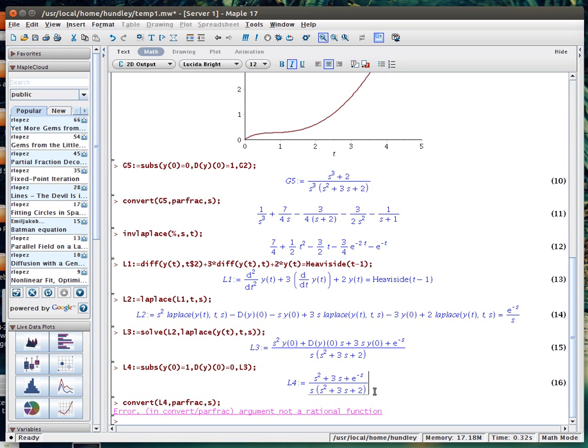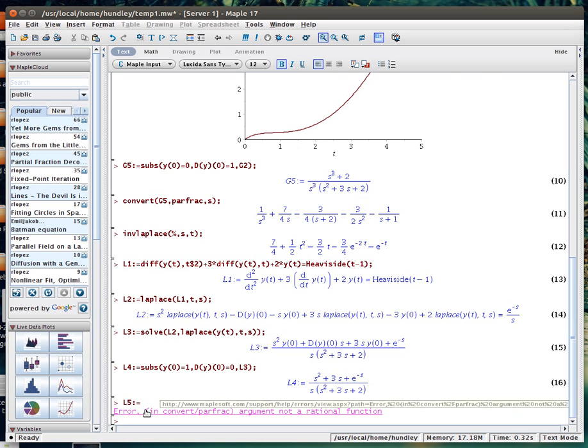And so what we could do if we wanted to actually check the partial fractions is we could take L5, and I'm going to separate this out so that one fraction is s squared plus 3s over the denominator, and then the other one is 1 over the denominator.